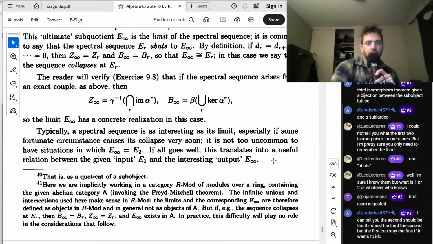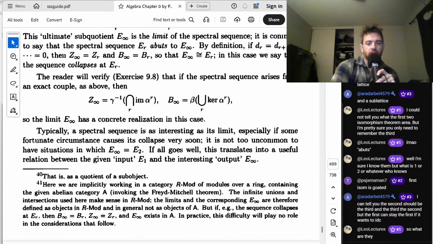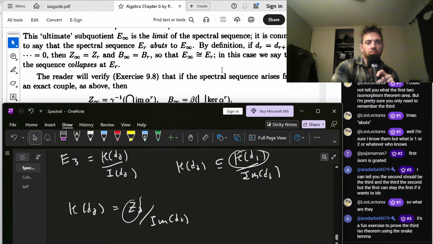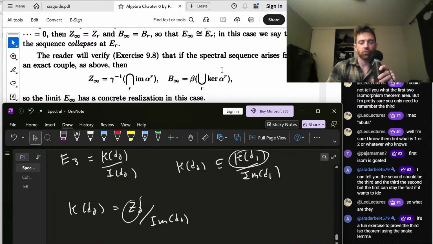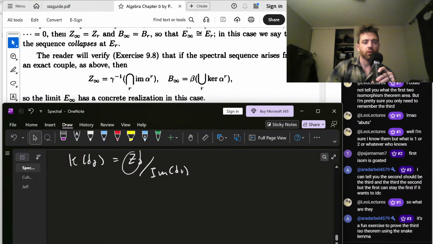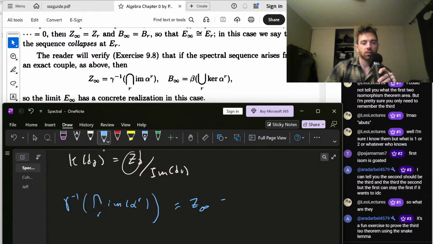Okay, I guess we need to prove this. I guess we should say why this is true. So we want to show that gamma inverse, what is gamma here, which gamma is this, of the intersection of all the images of all the alphas is Z infinity.